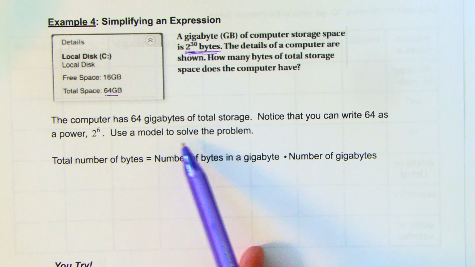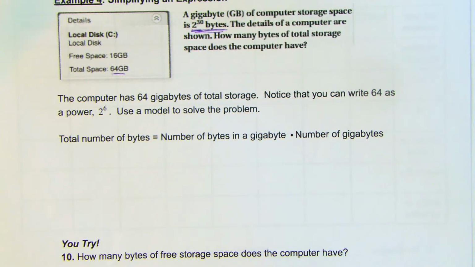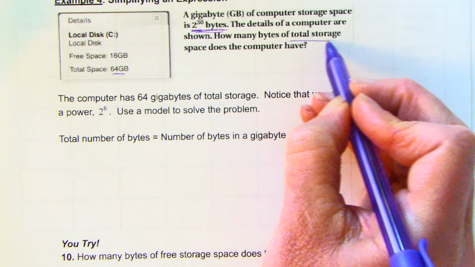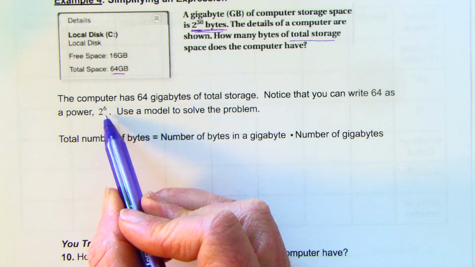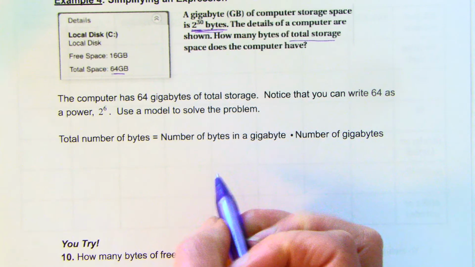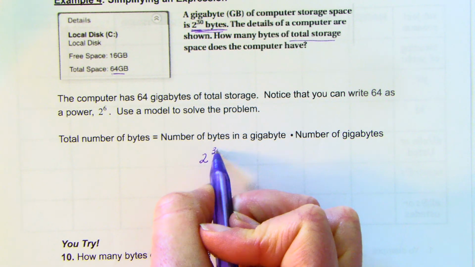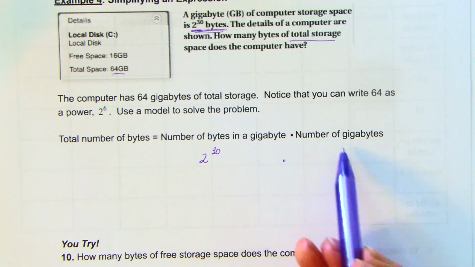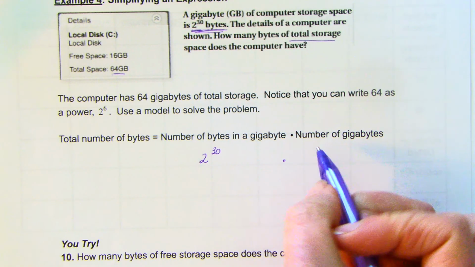So we're going to use a model to solve the problem. I'm going to write that as an equation. So the total number of bytes, which is what we're trying to find out, equals the number of bytes in a gigabyte. That is 2 to the 30th power times the number of gigabytes that we have, which is 2 to the 6th power.